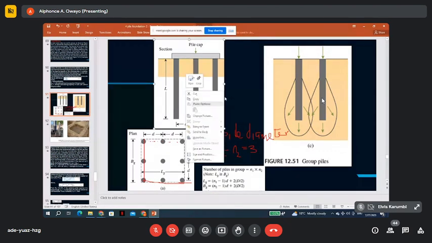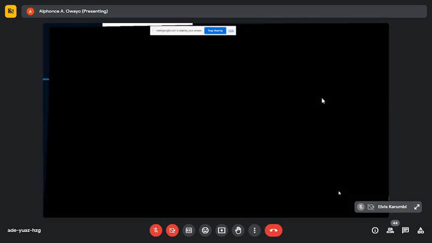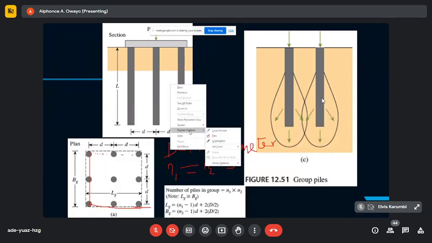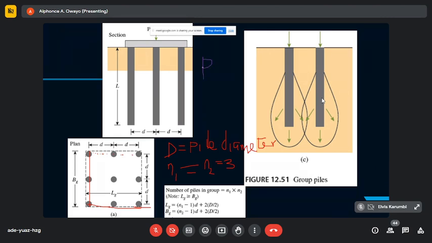Let me just write that to elucidate the point. So here, for example, PG would be, no, that's not right. That would be 2 into, okay, you people should tell me what would be the equivalent perimeter in this arrangement.